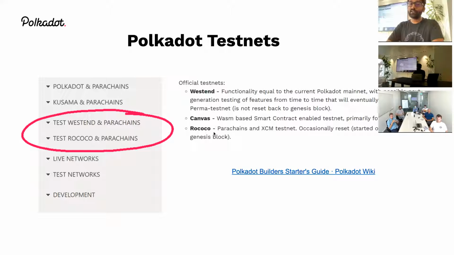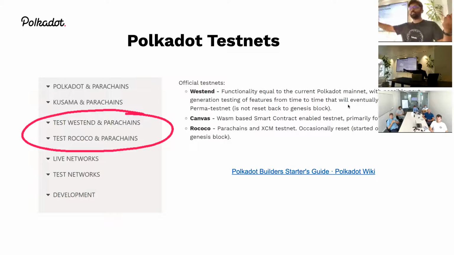And then Rococo is a little different, meaning this will host functionalities that are yet to be tested. All the futuristic features of Polkadot, like cross-chain communication and others, are going to be tested on this one. As you can see, Westend has only one Genesis block.